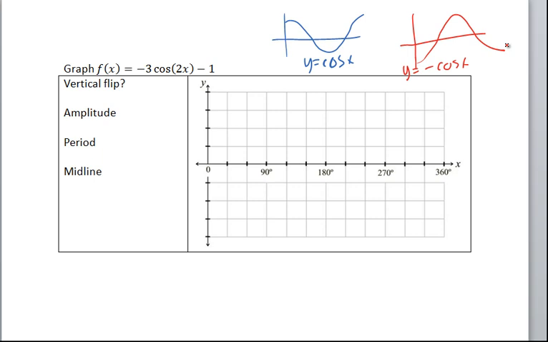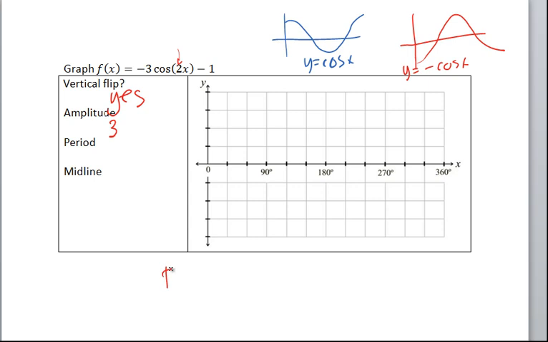Okay, so let's take a look. Here we're asked to graph f of x equals negative 3 cosine 2x minus 1. Is this thing vertically flipped? Yes, I have a minus sign out in front. My amplitude, that's my vertical stretch, is 3. Now the period I actually have to solve for, right? The period is what you see in the picture. It's not b, this 2 is b.